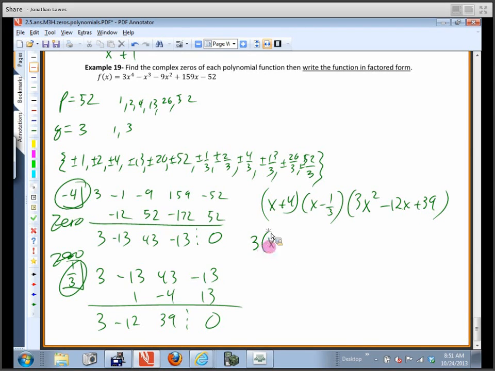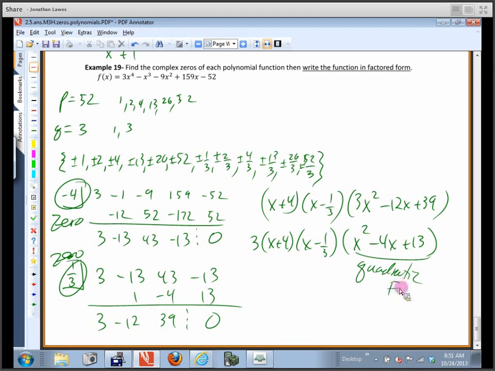So I'm going to pull the 3 out front. And then this is x squared minus 4x plus 13. Does that factor? Nope, but how do you finish? Quadratic formula. Okay, and I'll leave that for you to finish.